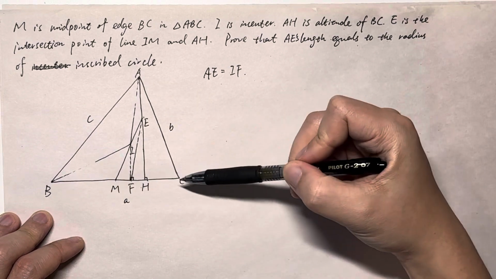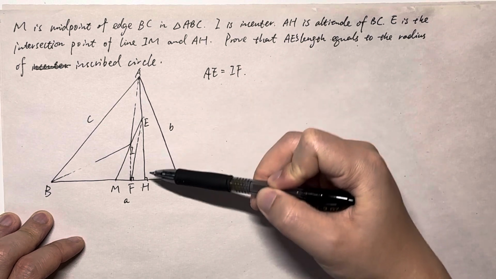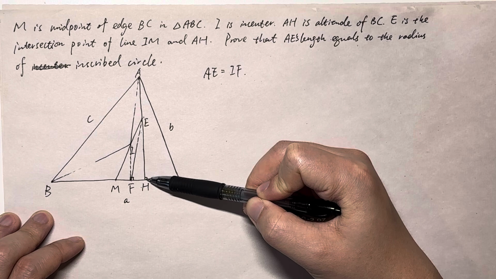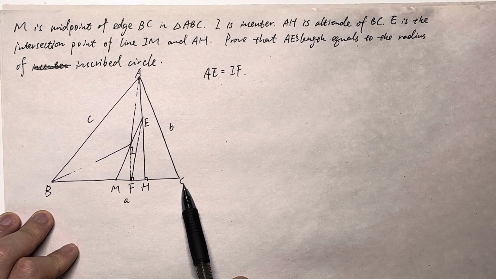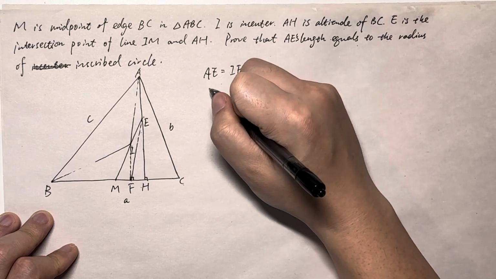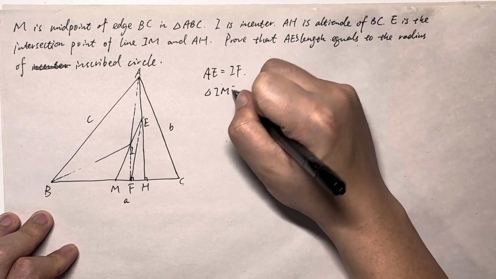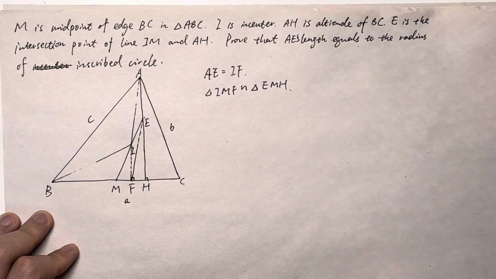IF is perpendicular to BC, and AH is perpendicular to BC, which means that IF is parallel to EH, which means that triangle IMF is similar to triangle EMH.